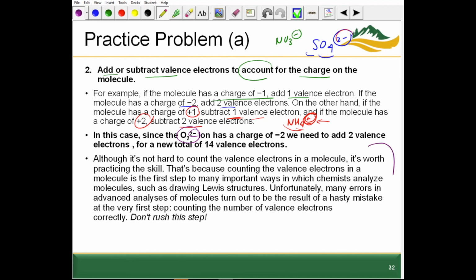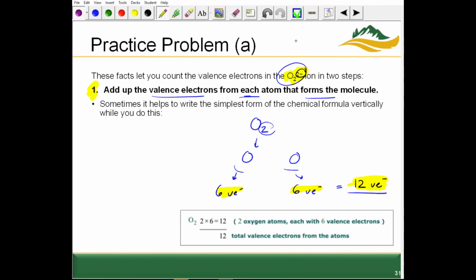We are building up to drawing Lewis dot structures. At this point, we do need to feel really comfortable counting the number of valence electrons. For just O2 on its own with no charge, that is 12 total valence electrons. We don't have just regular diatomic oxygen. We have O2 2-.